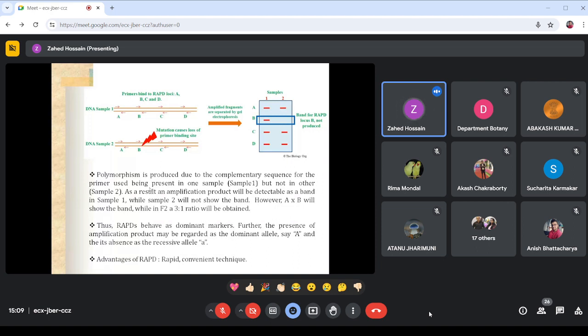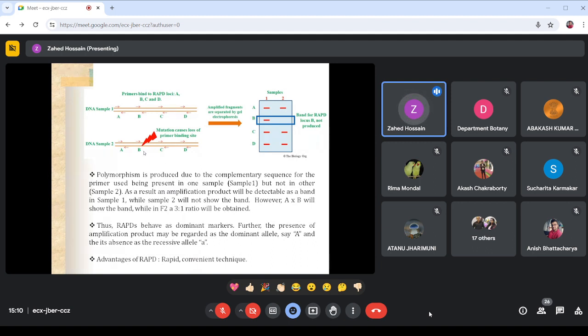That means there is a change at the genetic level. Here you can find in sample 2, the B band is absent. That means some genetic change has occurred. What change? The change basically leads to the primer binding site being mutated. So that is one reason.